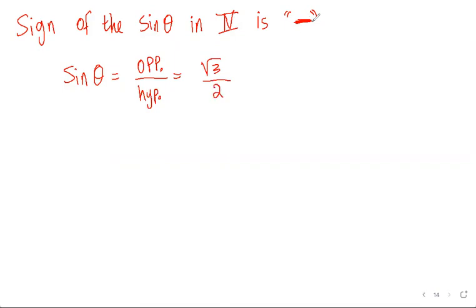And don't forget the minus. So the minus of this. This is the answer. The sine in the fourth quadrant is negative, it's not positive, because the cosine is positive, so the sine will be negative.